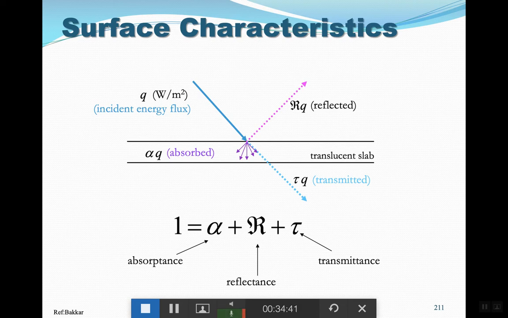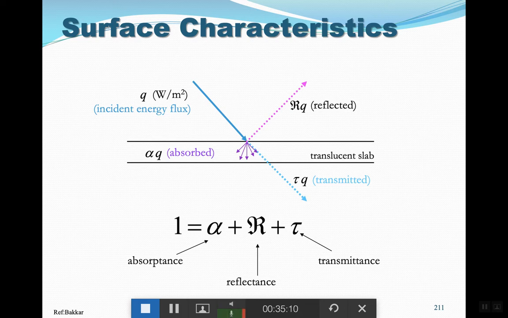So there are many different radiation heat transfer models, but all of them are basically based on surface characteristics. Now, the surface characteristic is defined by three different characteristics. One is called absorptance, the second one is reflectance, and the last one is transmittance.